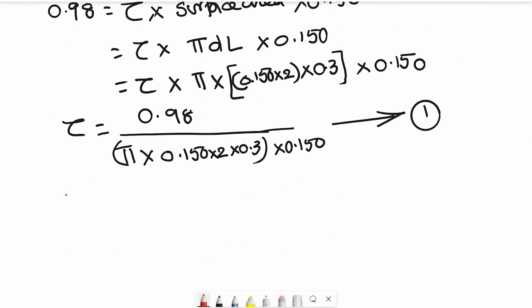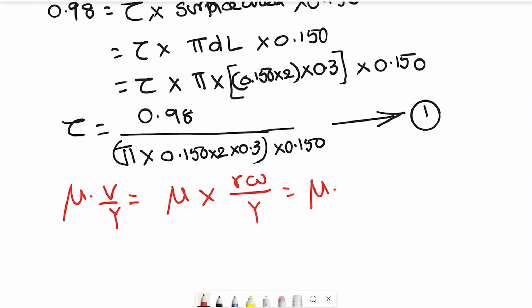The second one is what? Mu into v by y. So what is mu? He has given mu, we have to calculate. So mu into what is v? I mentioned v is nothing but r omega divided by y. So again mu into R into omega, which is 2 pi N by 60, divided by y.